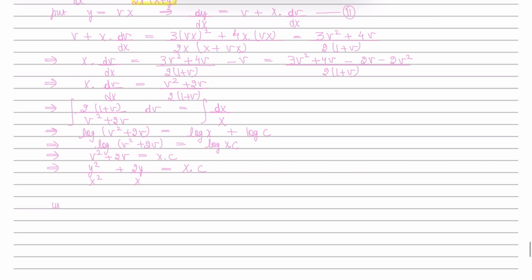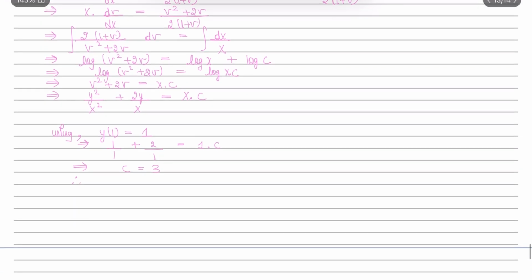Now using y of 1 is equal to 1, this equation becomes 1 by 1 plus 2 by 1 is equal to 1 into C, which helps us to calculate the value of C as 3. Therefore, the final answer be y square plus 2 times xy is equal to 3 into x cube.